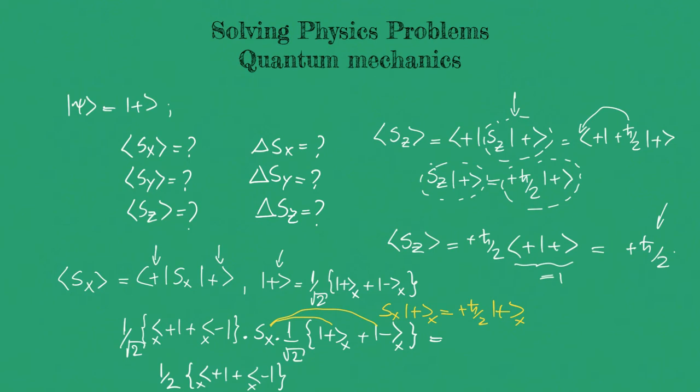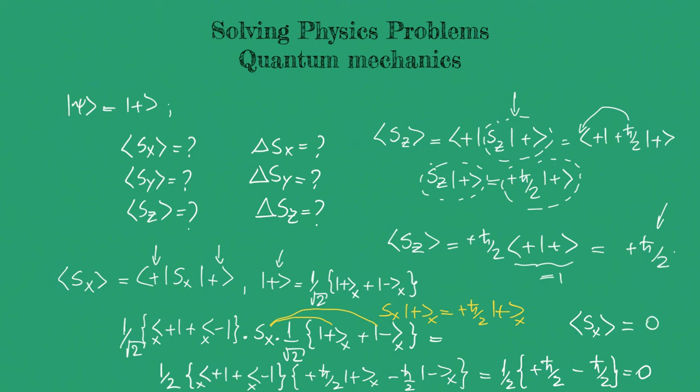Therefore, if you take it into account, we will get plus h bar over 2 ket plus subscript x minus h bar over 2 ket minus subscript x. Multiplying these terms, we end up with one half times plus h bar over 2 minus h bar over 2 equal to 0. Then the expectation value of Sx is 0.